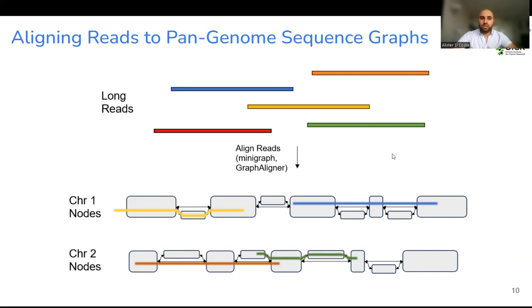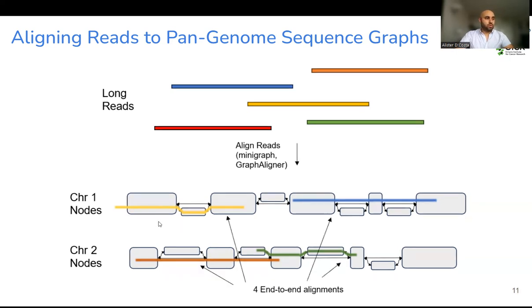That alignment allows us to not only consider the base GRCh38 sequence at the time of alignment, but also other known variant sequences that are present in the population but not present in GRCh38, but that may be present in some of these reads, allowing us to reduce the number of split alignments and increase the number of end-to-end alignments.